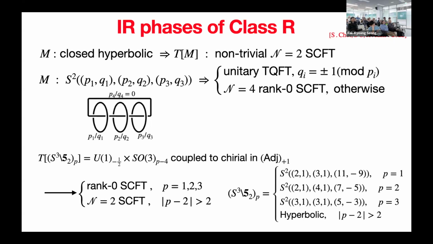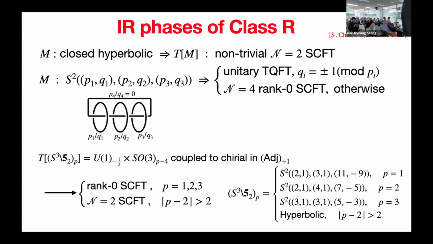So in this case, closed hyperbolic manifold, it is very unlikely that we will get some TQFT from this hyperbolic manifold. When this manifold is a non-hyperbolic manifold, which is given by this Seifert representation, given by three coprimes, we found that the corresponding theory always flows to a unitary TQFT or has SUSY enhancement and CFT. So in these cases, we can always assign some rational VOA associated with this three-manifold.